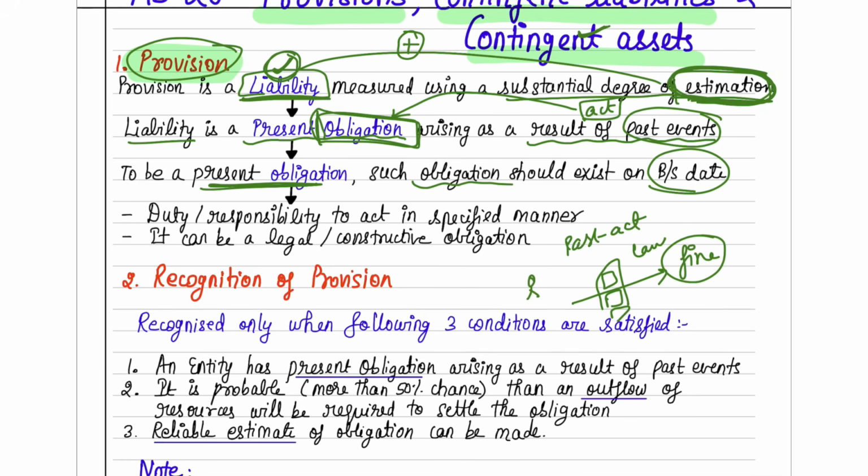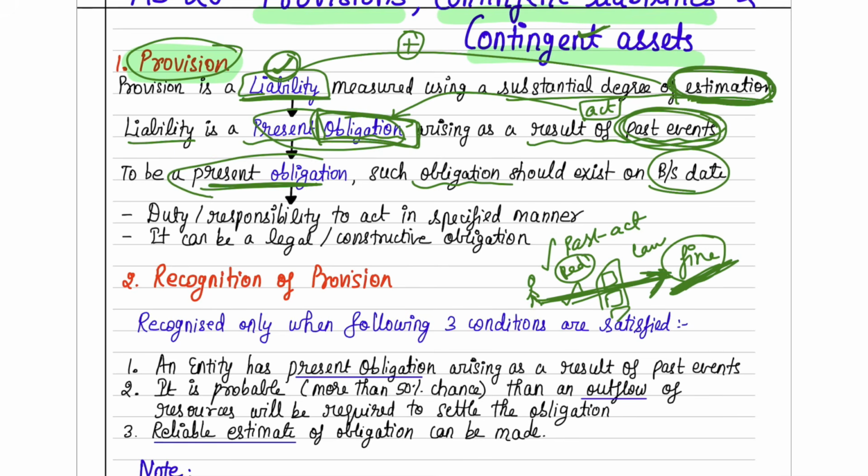Now what you did was you crossed the signal when it was red. So there was the event that you had done, you had crossed the red signal. That means it was a past event. And now because you have crossed it, you will have to pay a fine. You have not yet paid, but you will have to pay a fine. So there is a present obligation on you.